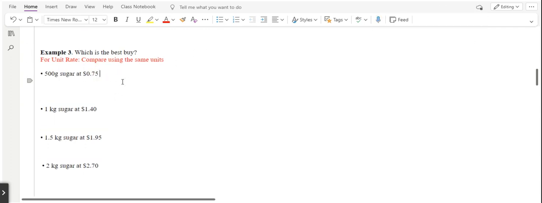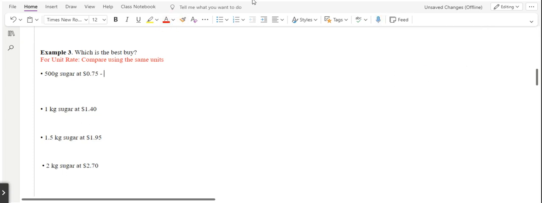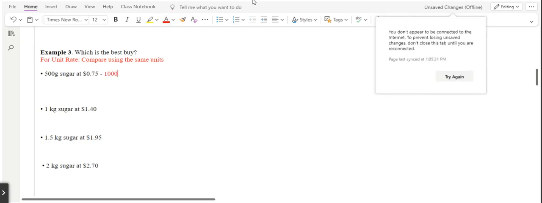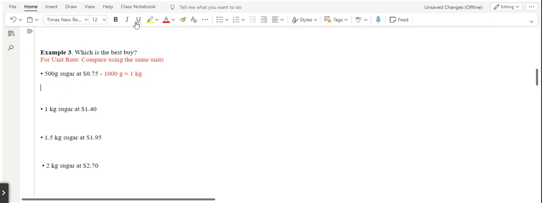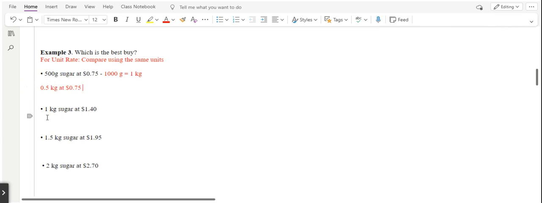The only thing we need to be aware of, and we're actually going to cover this in the lesson next time, is that 1,000 grams is equal to 1 kilogram. And so for our purposes here, 500 grams is the same thing as 0.5 kilograms at 0.75, or 75 cents. This is a topic we're going to look at more closely later.